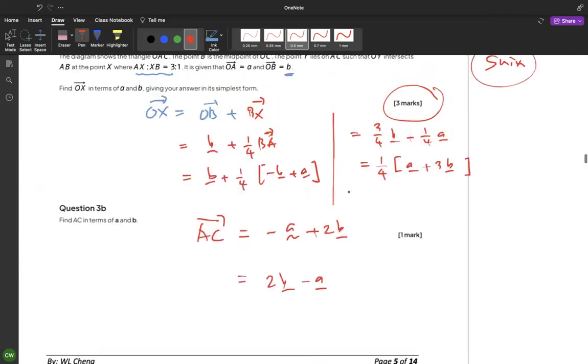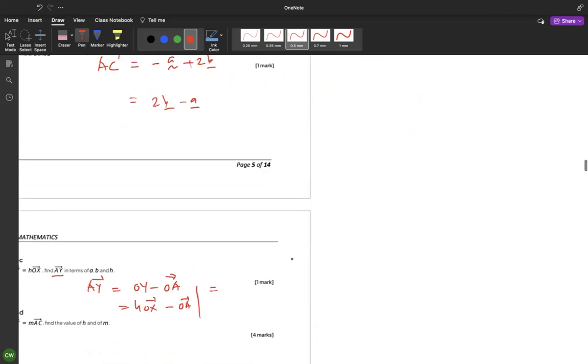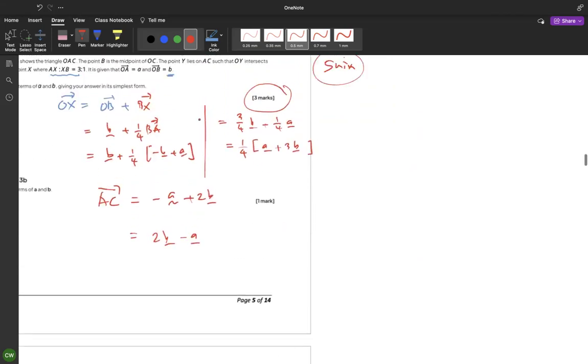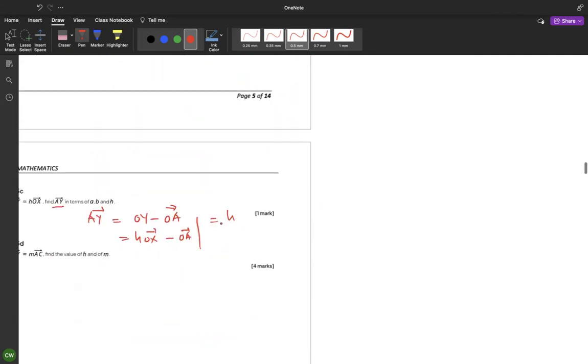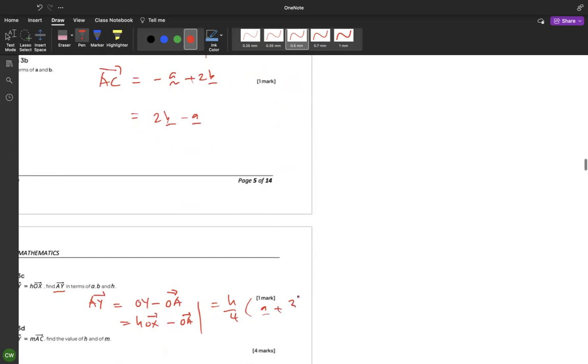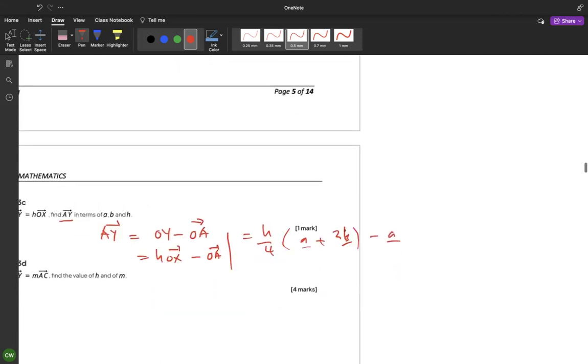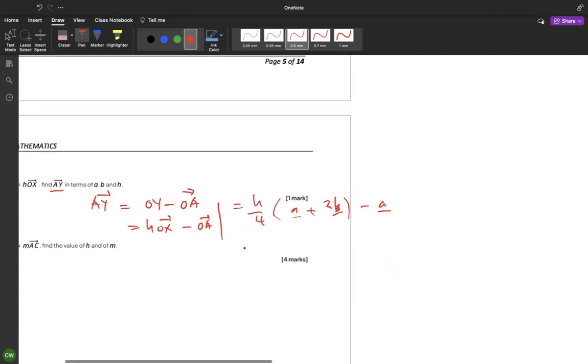OS, this is the one. Okay, h OS, so this is OS, h over 4, A plus 3B, minus A. Is it correct? Can you factorize this or not? How to factorize?